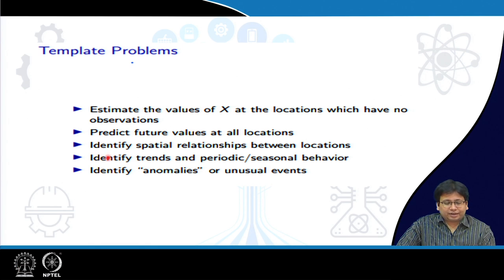And the second related to that is, can we identify some kind of trends or temporal behavior in the observations at the different locations, at the blue or the yellow locations? And finally, identify the anomalies or unusual events.